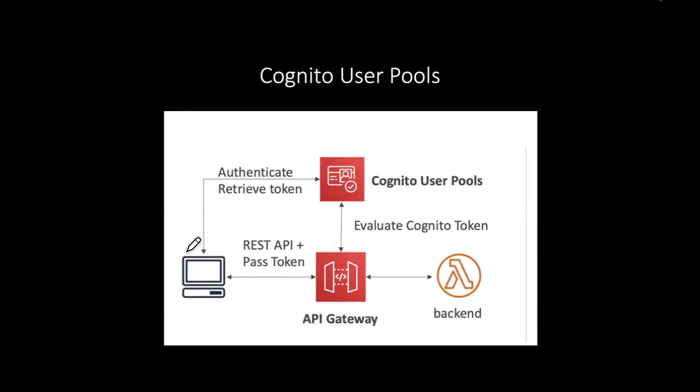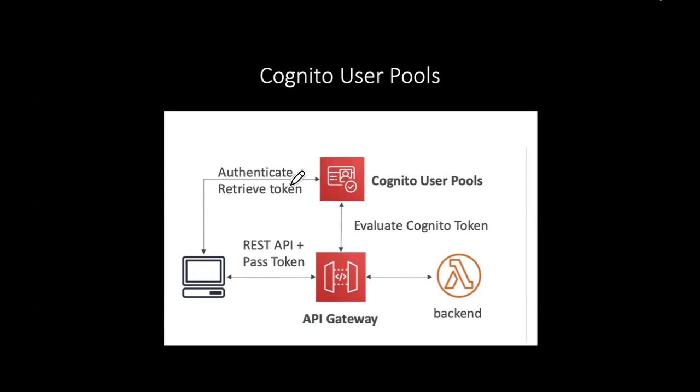And so your typical scenario is your user, first of all, authenticates with Cognito. They provide their username and password. Cognito verifies that they are a valid user by looking up the relevant user pool.